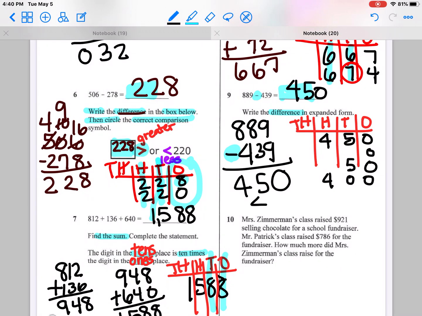Now, 400 plus 50 plus 0 equals 450. This is my expanded form.